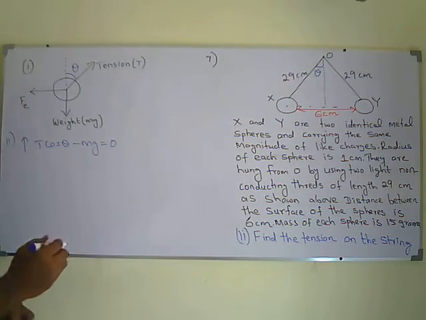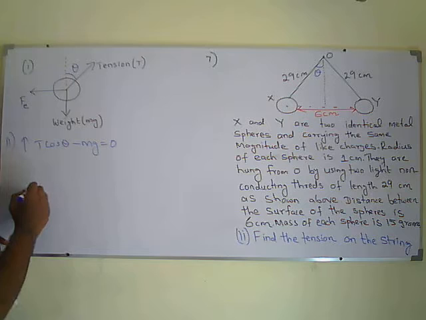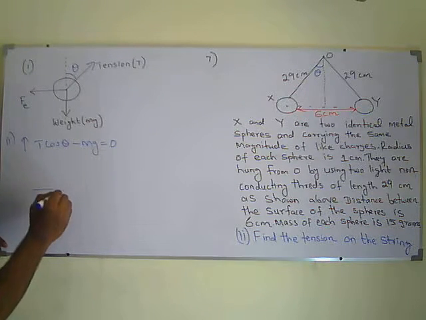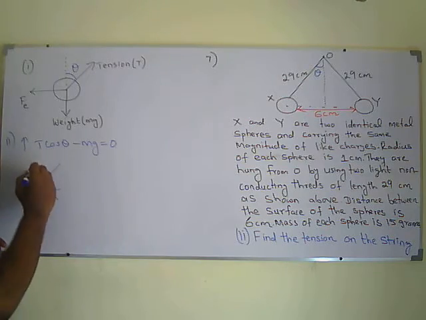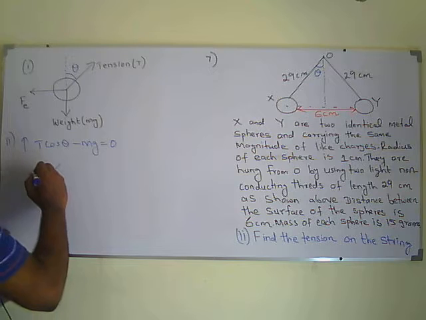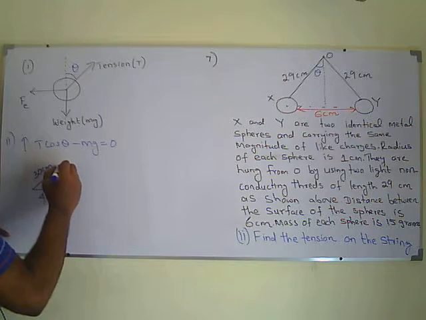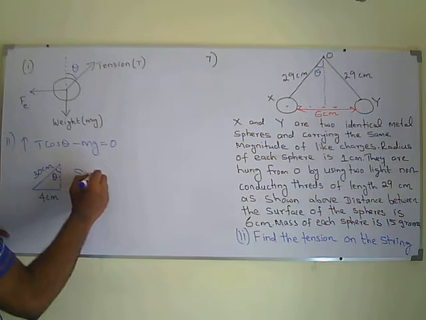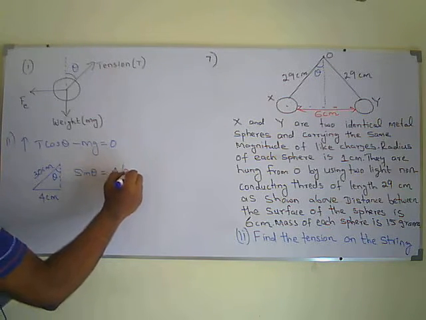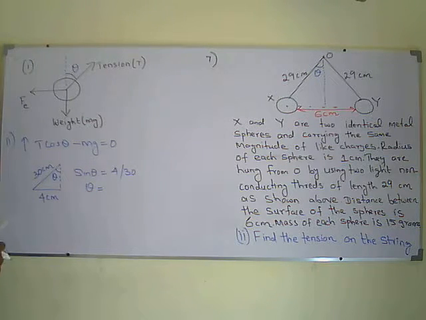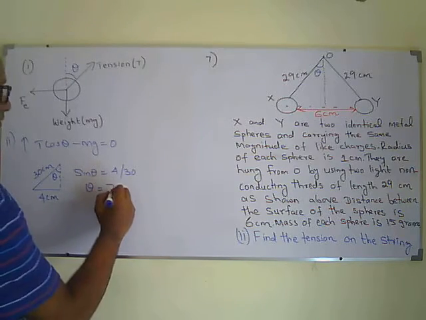If I consider this triangle, the horizontal side is 4 centimeters and this is 30 centimeters, because 29 plus 1 is 30. I need to find this angle, so sine theta equals 4 over 30. Taking the inverse, theta will be 7.7 degrees.